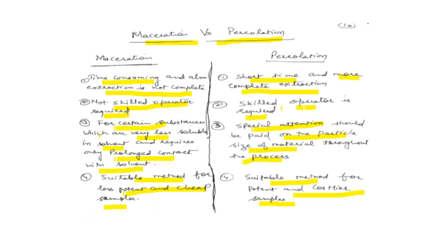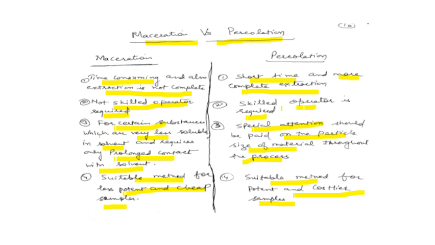We cannot reuse the substance or repeat it more than once or twice. So for the costlier samples we can use the percolation method. So these are the differences between the maceration and percolation methods of extraction.